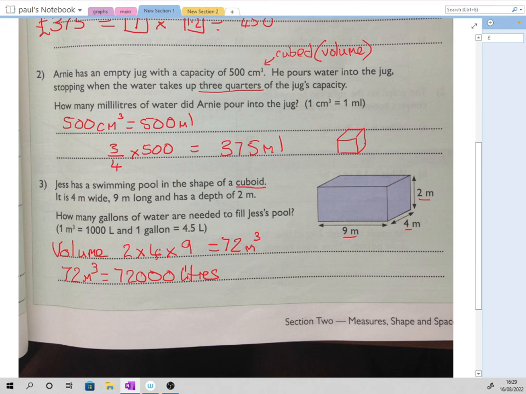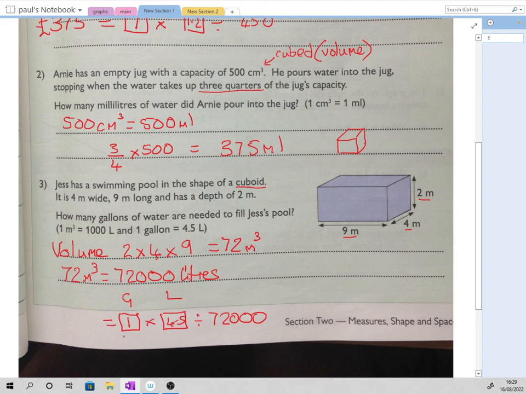So we've got gallons that side, liters that side, and we'll have 1 in that box, 4.5 in that box. And we want to find out what 72,000 liters is. So divide, multiply, equals.